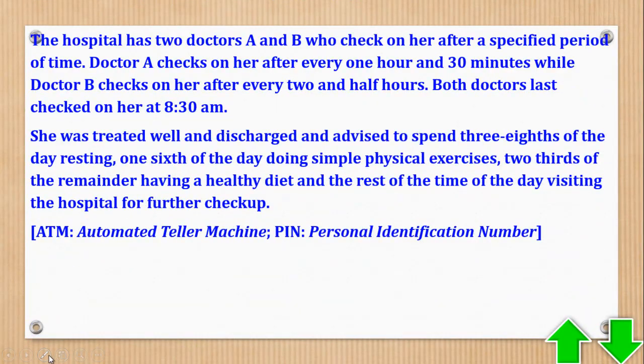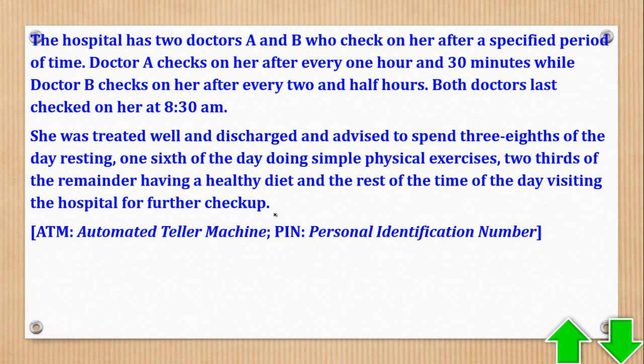They said she was treated and discharged and advised to spend 3/8 of the day resting, 1/6 of the day doing physical exercise, 2/3 of the remainder, note this word, of the remainder, having a healthy diet, and the rest of the day visiting the hospital.